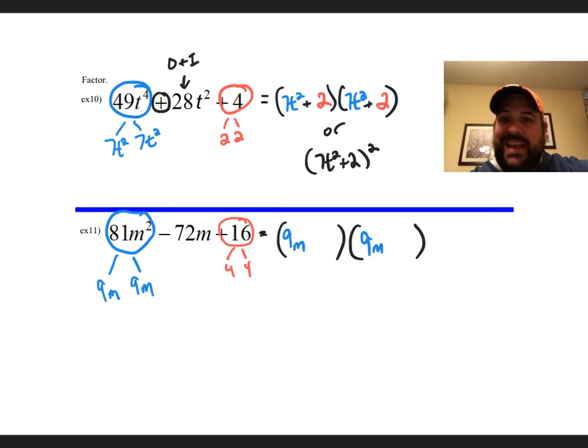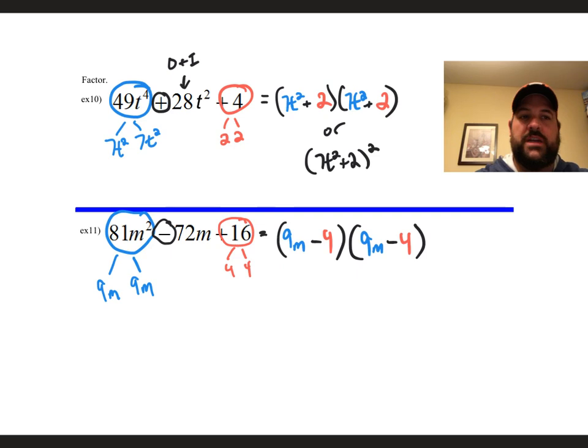The second term in each case should be 4 and 4. And here we want to end up with negative 72m. Negative means that both of these signs should be minus. So we get 9m minus 4 times 9m minus 4, or 9m minus 4, the quantity squared.